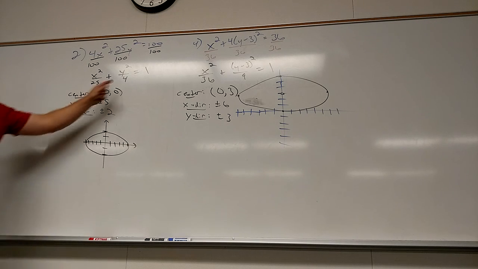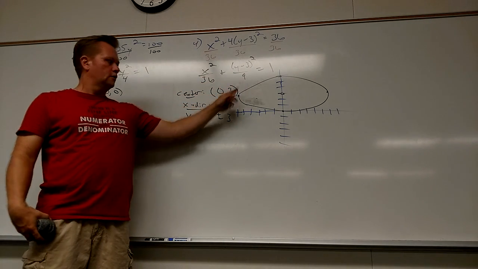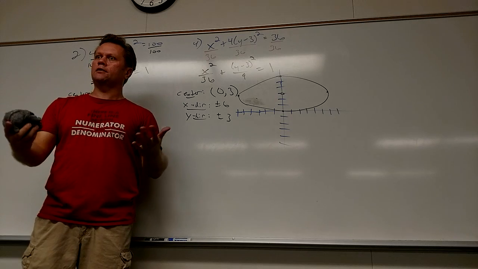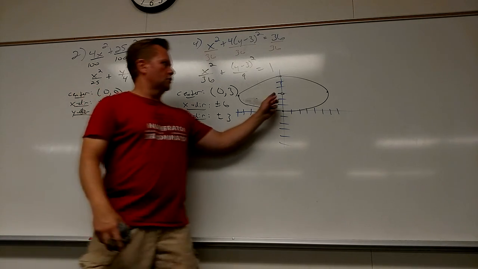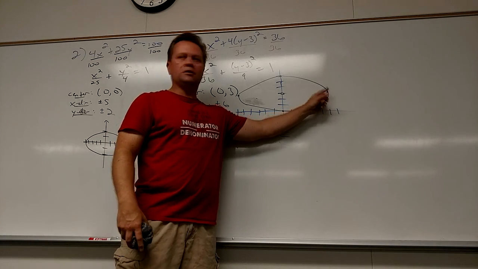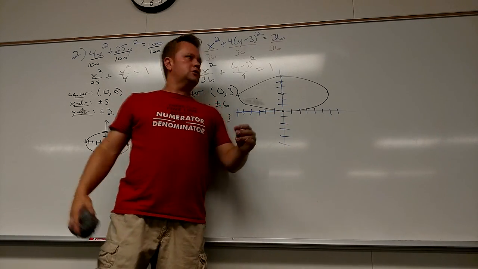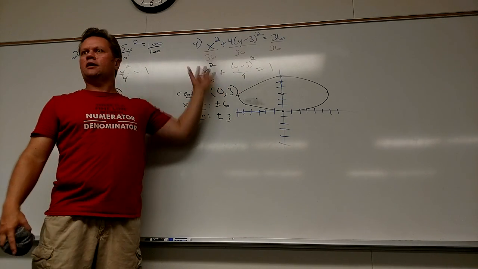So if this was 11 instead of 9, then I would have gone up and down the square root of 11, which you put in the calculator and approximate, 3.2, whatever it is. And then instead of going just 3, I would have gone 3 and a little more. Just because the numbers get gross doesn't change any of the concept.